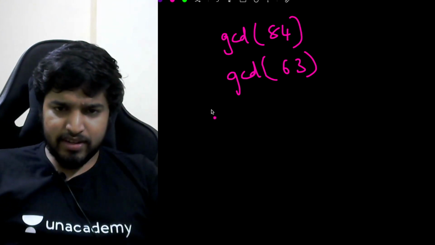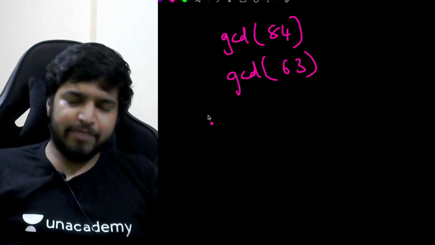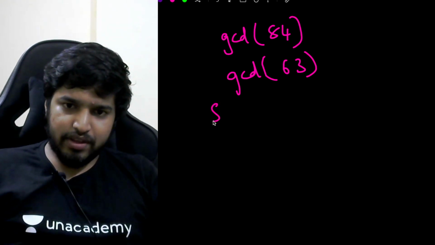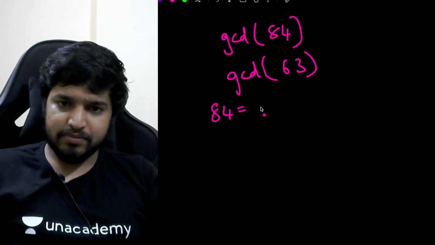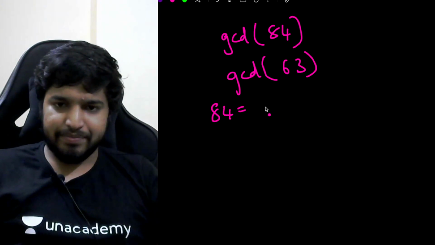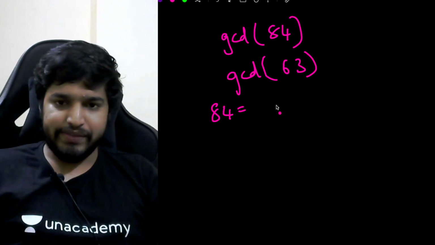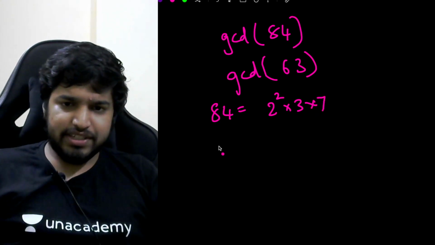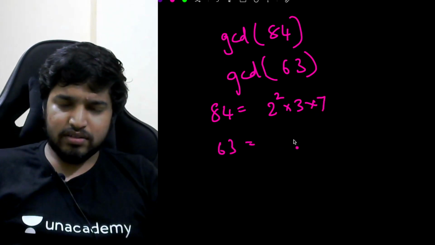Okay. Now we write the prime factorization of 84. 84 is equal to 3 into 28, right? 3 into 28 is 2 square into 7. 2 square into 3 into 7. What's 63? It's just 3 square into 7.